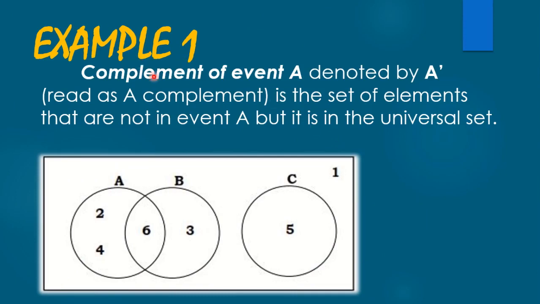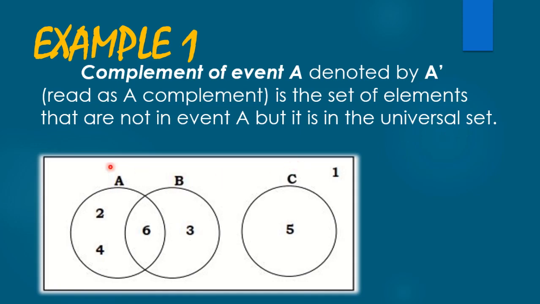We have also what we call the complement of event A, which is denoted by A prime, or read as A complement. It is the set of elements that are not in event A, but are in the universal set.